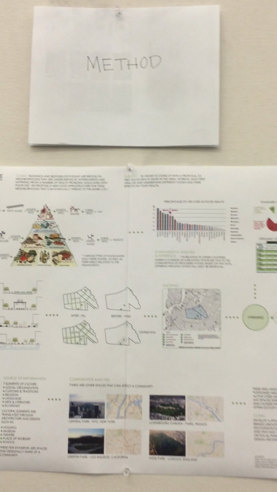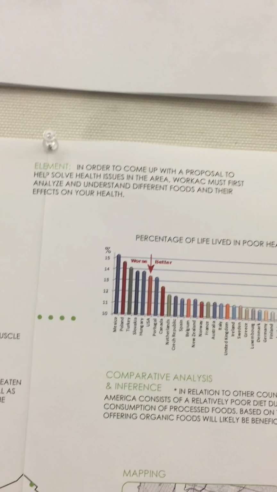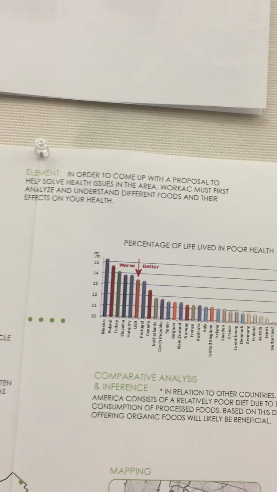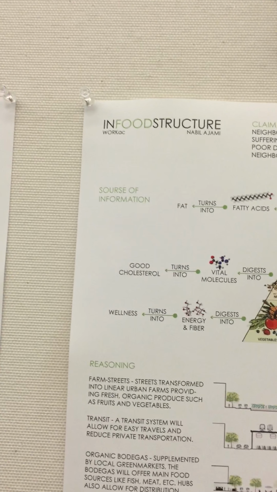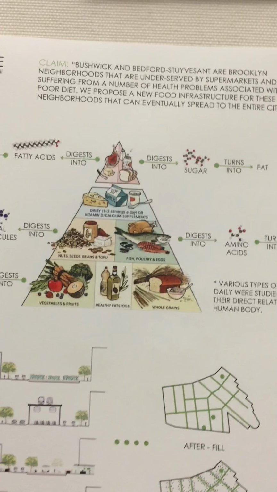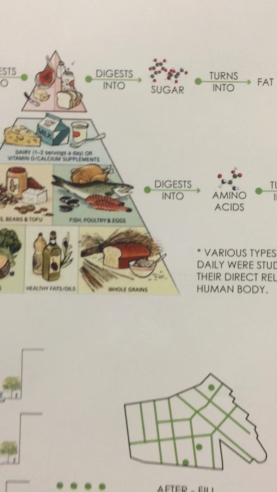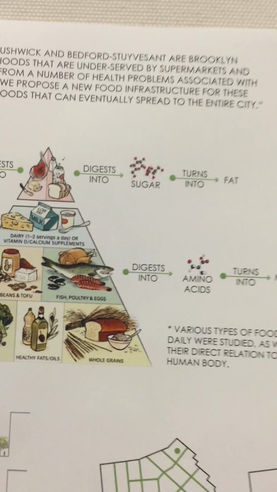Now, looking at poster 2 through the lens of methods, I first looked at the element of how food affects your health. So the first method, source of information, they took the food pyramid and how that directly translates into your health. For example, fish and poultry digest into amino acids and turn into muscle, versus carbs, which turn into fat.